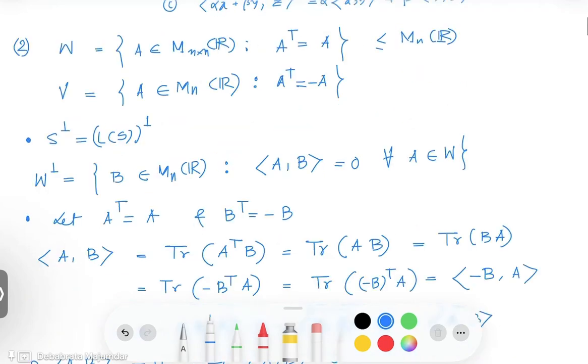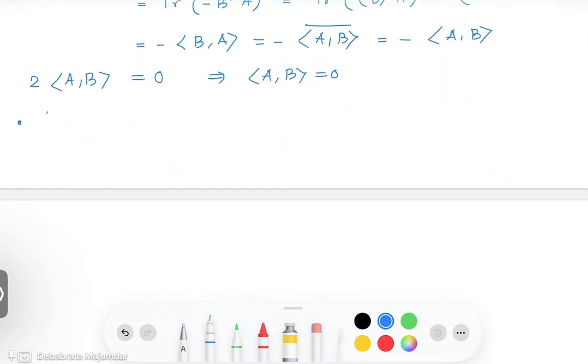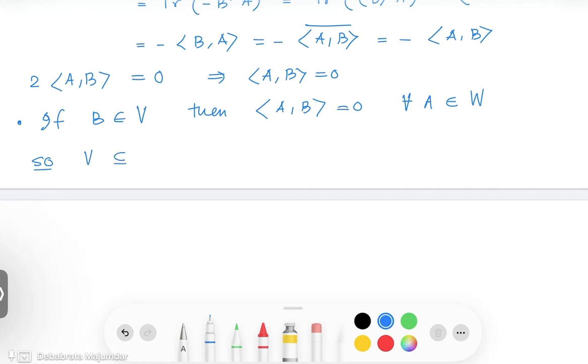So one thing you can observe. If B belongs to V, then AB is equal to 0, and this is true for all A belonging to W. So V is a subset of W perp, right?